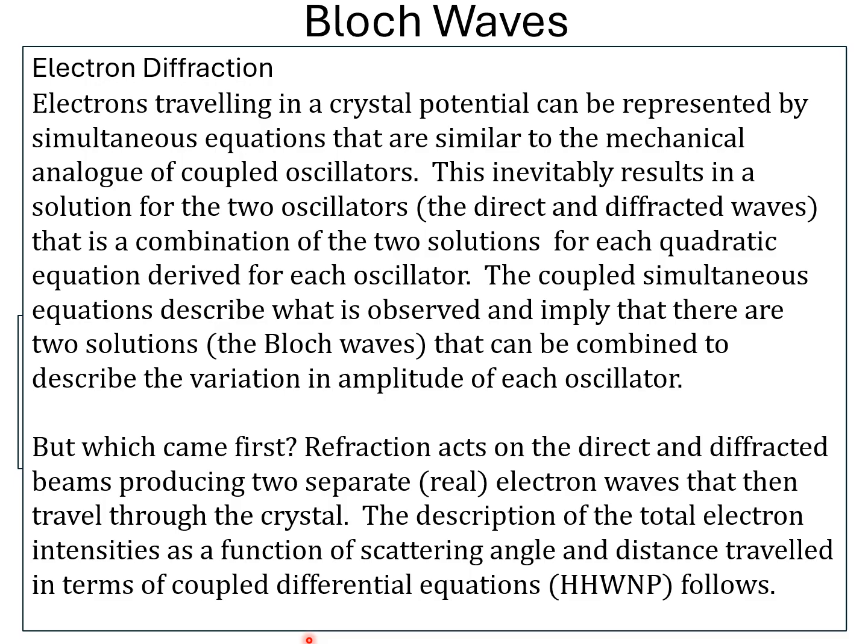One ends up at the same picture, that you have to have, in effect, two waves for each wave vector in the crystal, the direct wave vector and the diffracted wave vector. They're each separated into two components, which are from Bloch wave 1 and Bloch wave 2. And you couple them all together, and by some further manipulation, you can rationalize what you get. I'm comfortable with that.